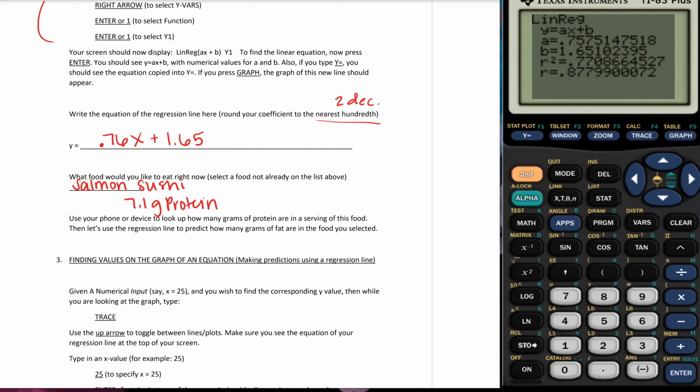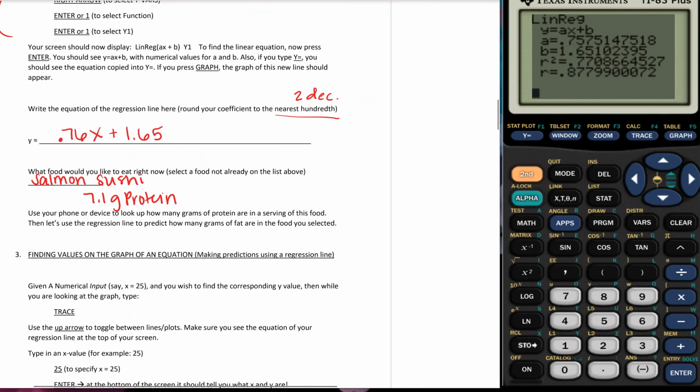And we're going to see if we can use this equation to help us calculate the fat that is going to be in this sushi. So what I'm going to do is I'm going to say 0.76. I'm going to plug in my 7.1 grams that I looked up plus 1.65.